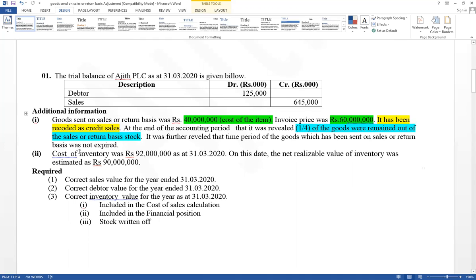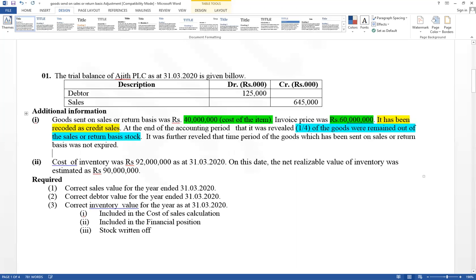And in the second part, think about the cost of inventory. It is given as 92,000 as at 31st March 20, and net realizable value is given as 90,000. Those are the inventory available at the store and goods sent to the other business. If goods are not sold, their cost value should also be considered as closing inventory. It was recorded as a credit sale of 60 million, but one quarter was not sold. Therefore, based on selling price, one quarter should be removed.